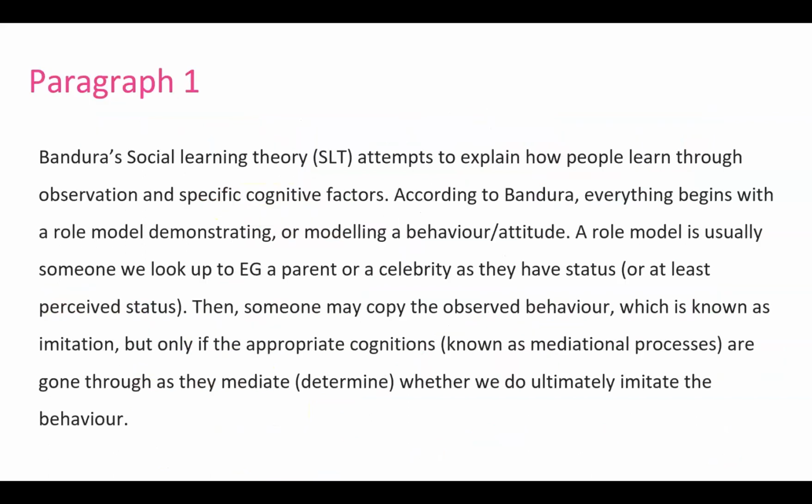So you can see here in paragraph 1 how some of these terms are used effectively in sentences and how an answer can demonstrate understanding. To start off with, we've got the overarching ideas about observation and cognitive factors. They've name-dropped Bandura as a key term.